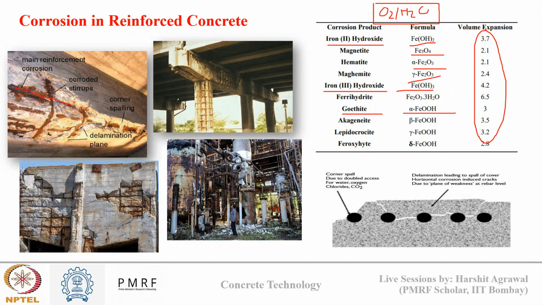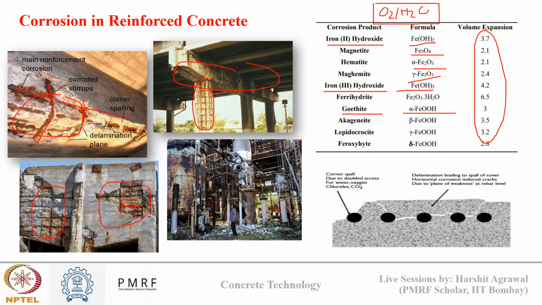The same thing you can see through different images. Here you can see longitudinal reinforcement and stirrups heavily corroded, due to which the cover concrete falls. The same thing you can see here also, falling of cover concrete due to corrosion of embedded reinforcement. On this wall also, you can see rusted reinforcement inside and spalling of cover outside.